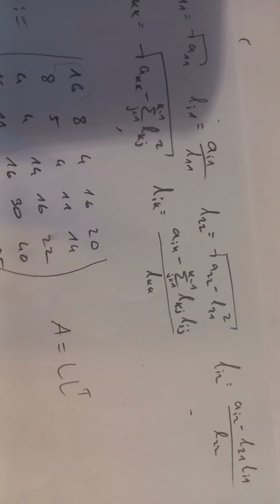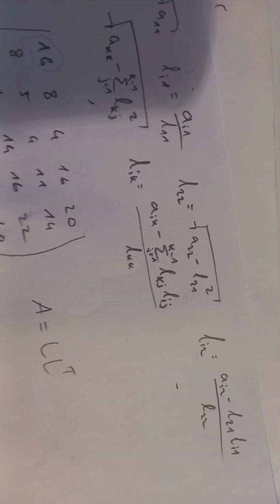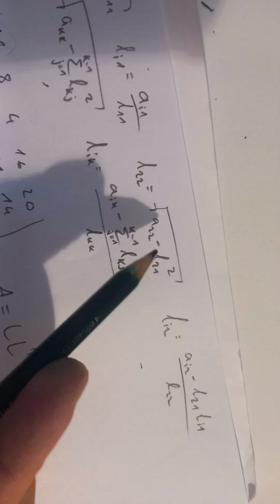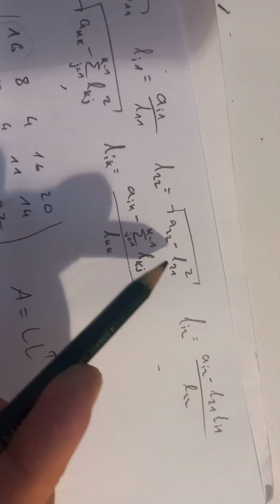And so now we can look at the formula just to prove that this method works, and that we don't need the formulas at this point anymore. Now you're supposed to take the L22 and take the root of the A22 value minus the L21 value squared.